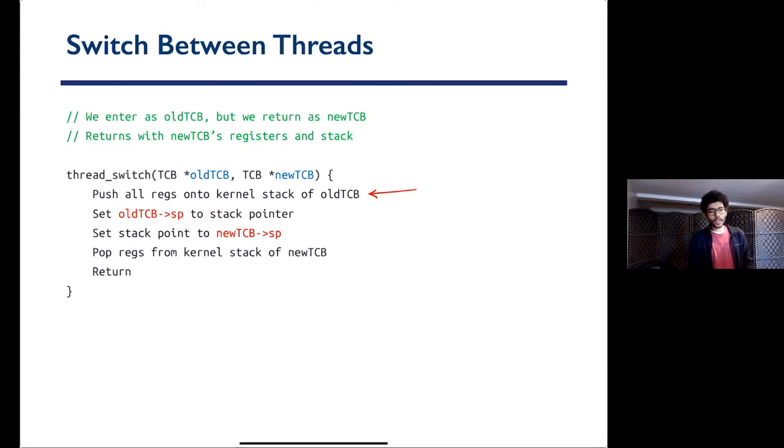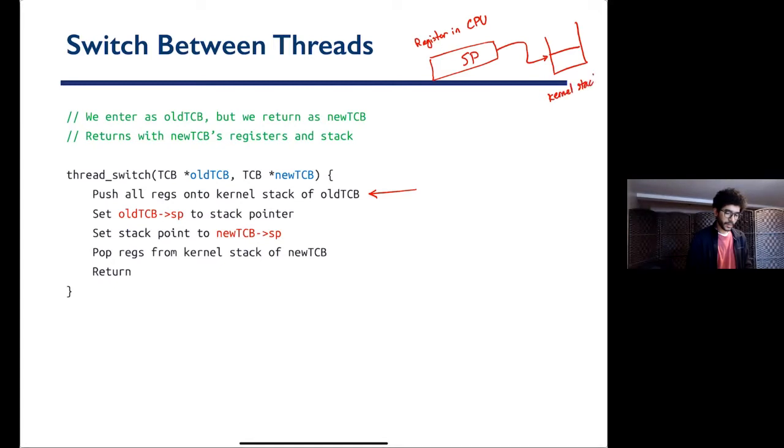What do we do now? We have a stack pointer right now. So the SP is a register in the CPU. Now this is pointing to the head of the kernel stack of the old TCB.